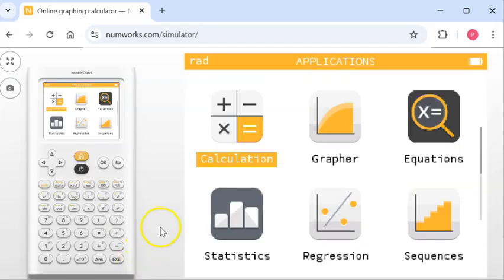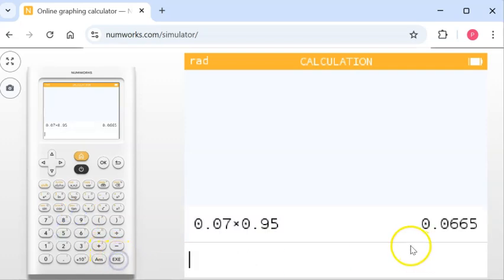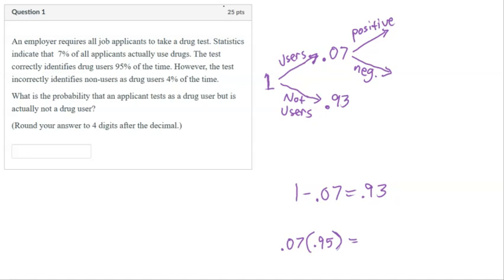All right, here's the Numworks calculator. We go into calculation and say what's 0.07 times 95%, which is 0.95. What we get is 0.0665. We're going to round to 3 places, so 0.067. So we'll put 0.067.